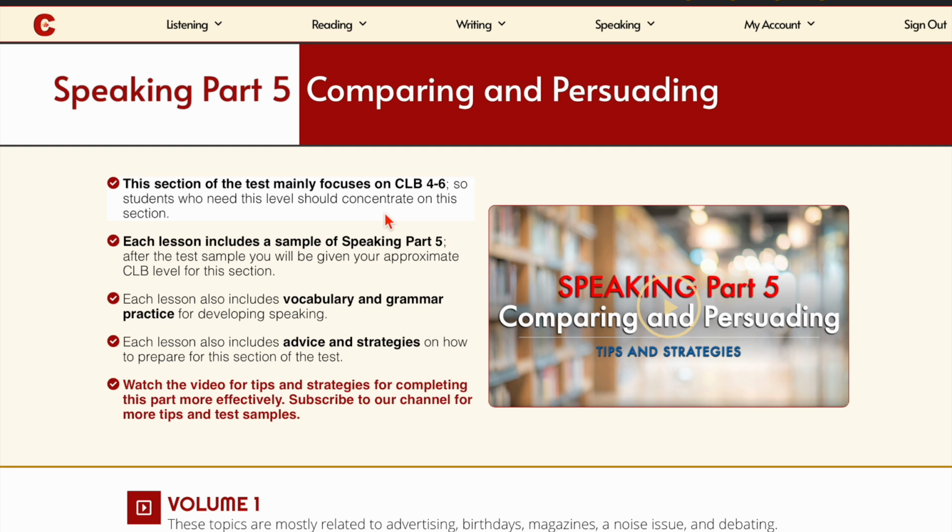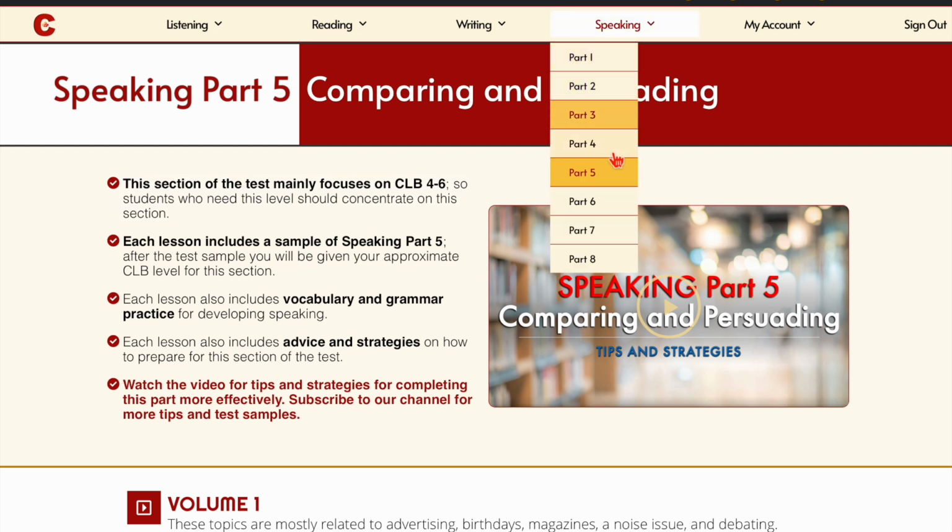This part is not so complicated, the same as parts 2, 3, 4. These parts, 2, 3, 4, 5, are very important for lower levels because you need to demonstrate your 5, 6 English knowledge in these parts, okay? For example, in this part, we're going to do some comparatives, and I'll show you that later.